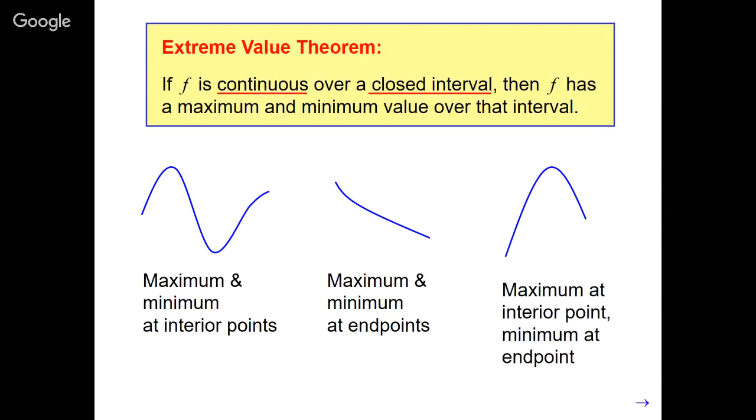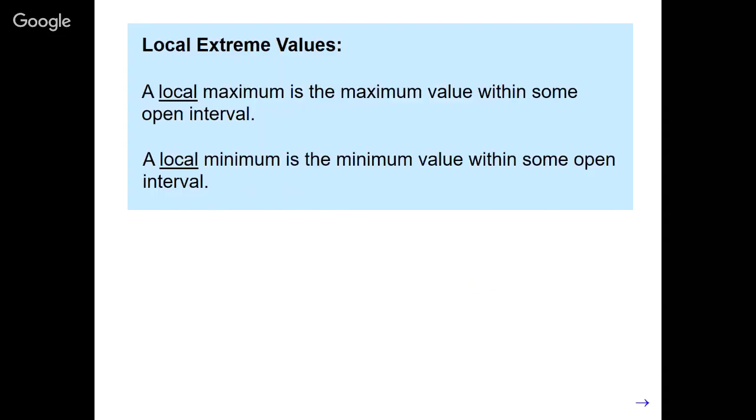So in looking at this, we can tell that we have some possibilities if we were on the hunt for extreme values. We'd have to check out the endpoints and any possibilities that might be extrema on the interior of an interval. All right. So local extreme values or relative extrema, which is what we used to call it in pre-calculus.